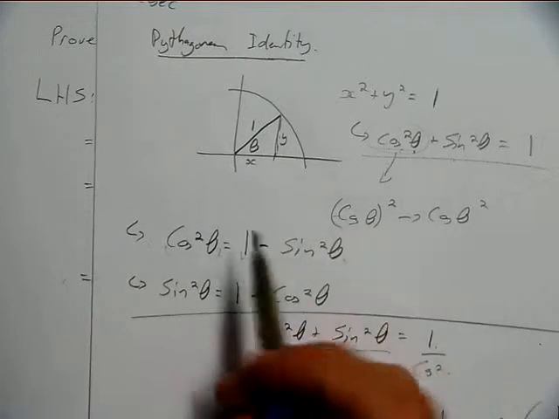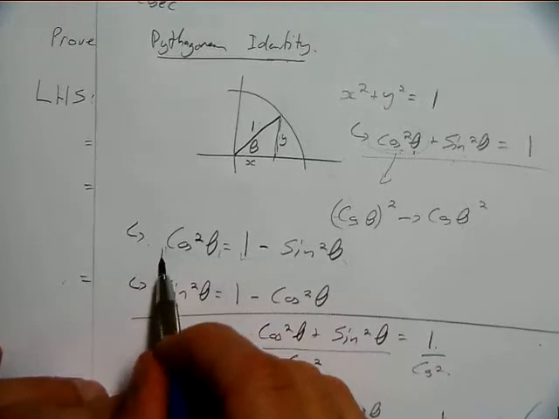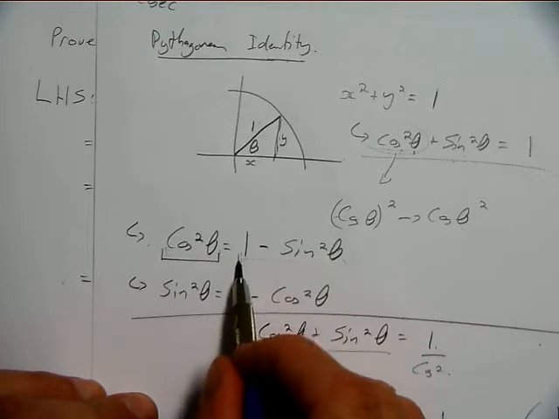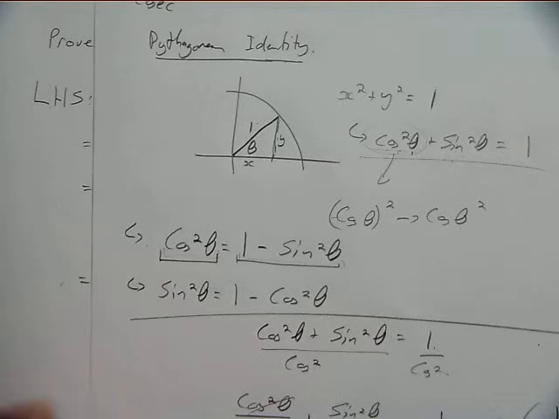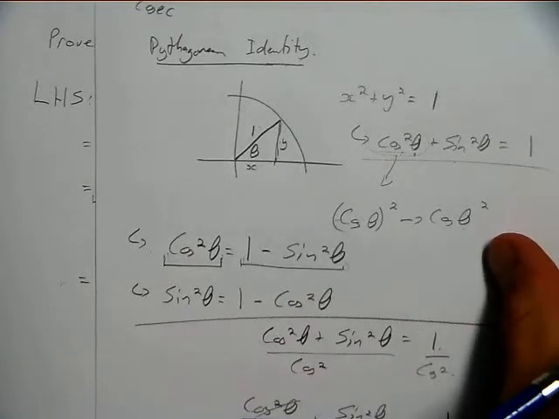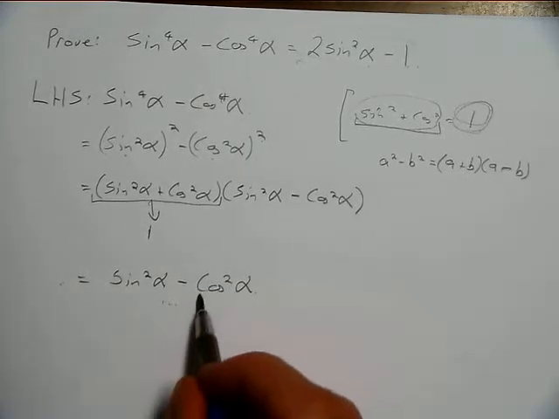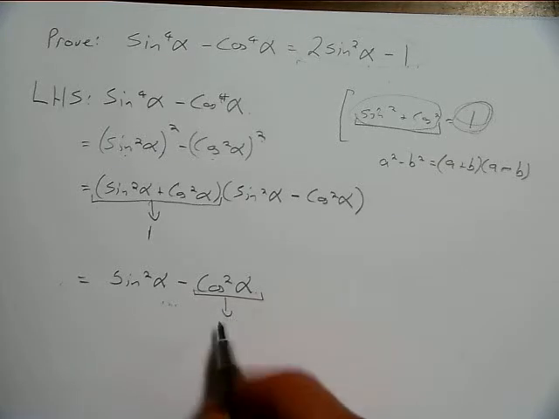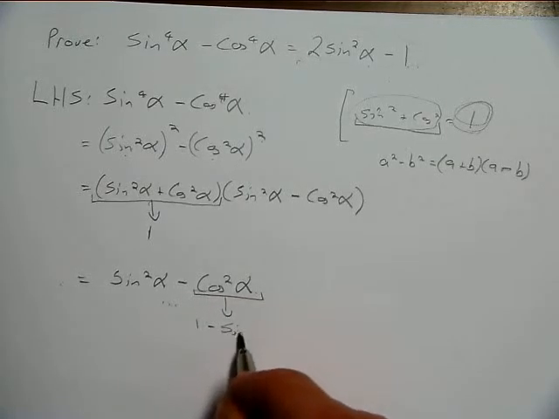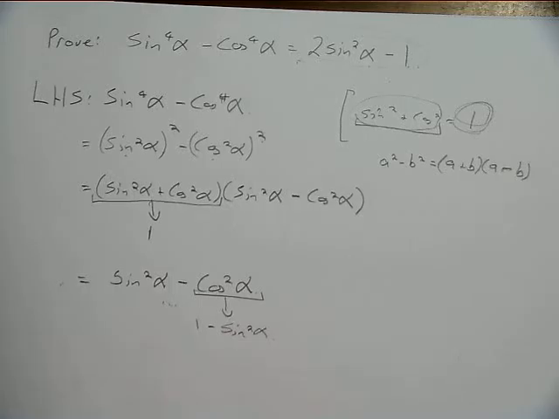That's right, this one here. We have this identity here. Cos squared theta is 1 minus sine squared theta. So that's our Pythagorean identity again. So anywhere I see a cos squared, I can replace it with 1 minus sine squared alpha.